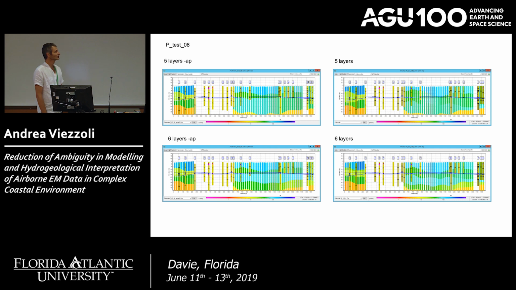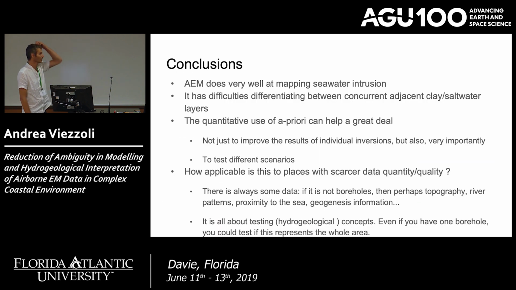So the conclusion is that Airborne EM does very well at mapping seawater intrusion. We all know that. Otherwise, we wouldn't be here. However, you can have difficulties pulling apart conductive layers that are in contact, unsurprisingly. The quantitative use of a priori can help a great deal, either because you put it into your inversion or because it tests scenarios. I can't stress that enough.